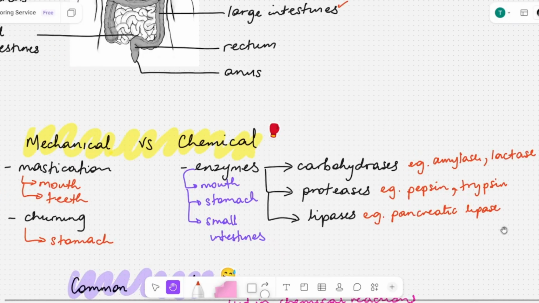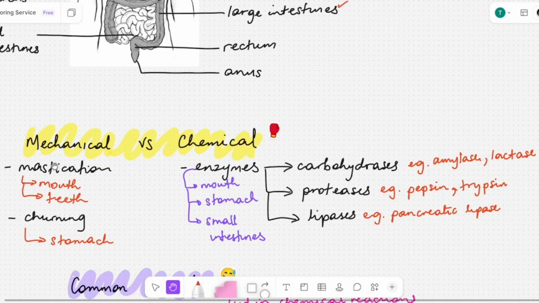So now let's move on to talking about the difference between mechanical and chemical digestion, which is sometimes a very common mistake made. So mechanical digestion happens in two places, which we spoke about as we were going through the diagram above.